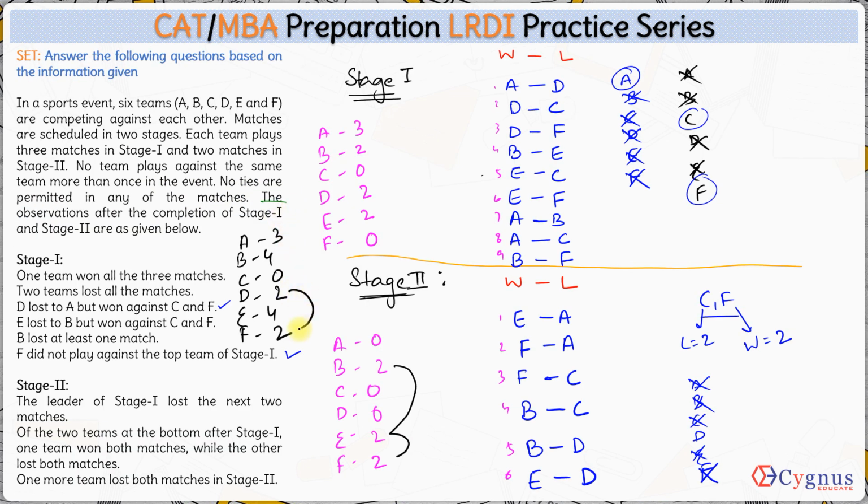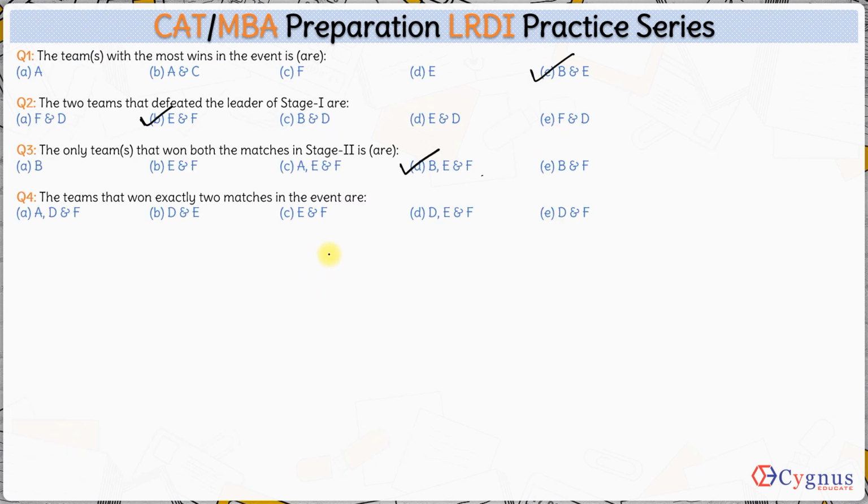So exactly 2 matches were won by D and F. This table gives us the total number of wins and exactly 2 wins were for D and F. So the answer for this question will be option E, D and F here.